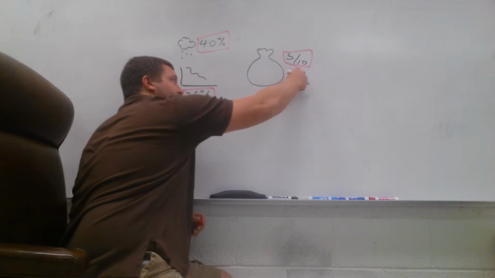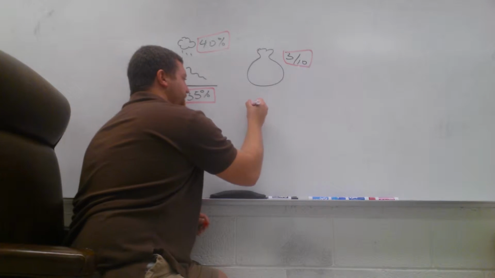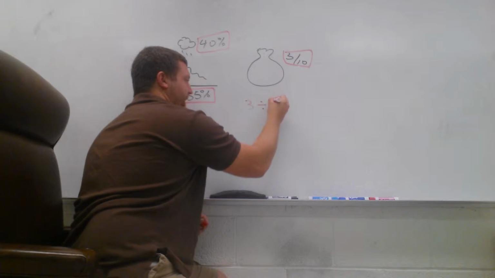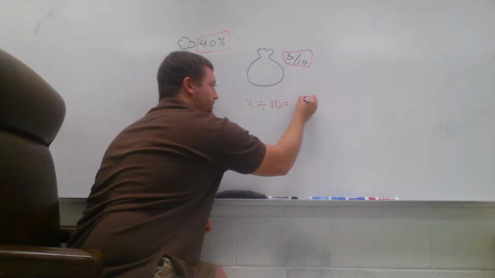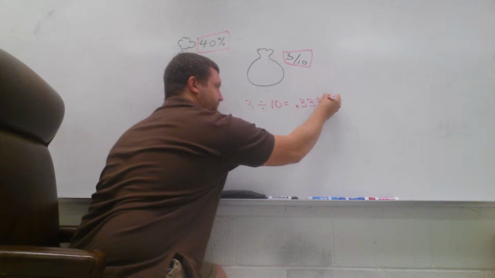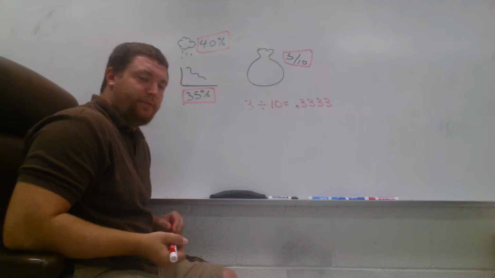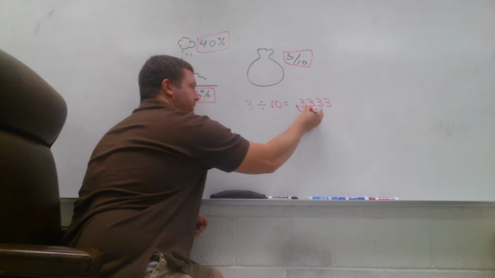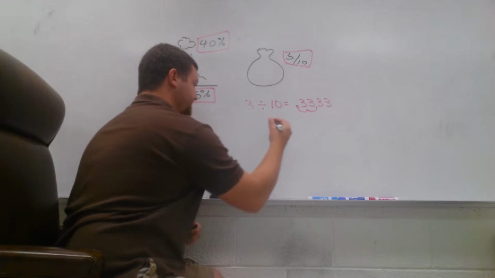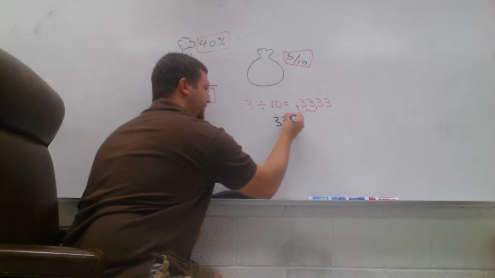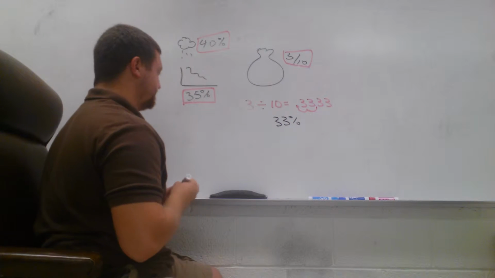To turn this into a percent, I do 3 divided by 10, and I will get 0.33, repeating. I move my decimal over 2 places, and now my new percent would be 33%.